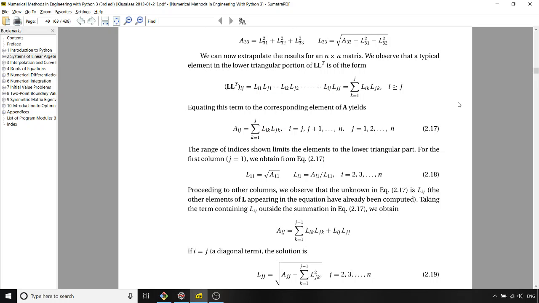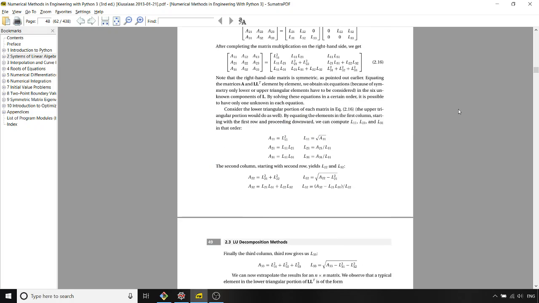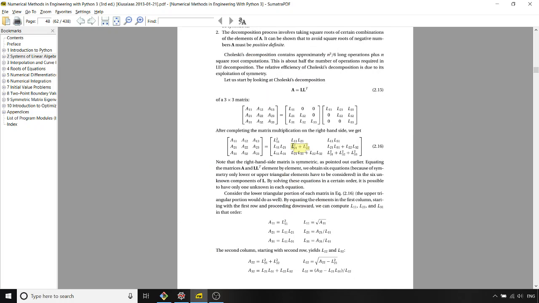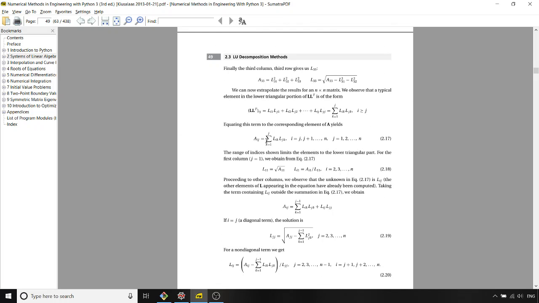So for this case, for example, A22 will be, as in any matrix multiplication, the second row and second column. So it will be this multiplied by this multiplied by this. For this case we can say 2 will be 2, and this will be 2.